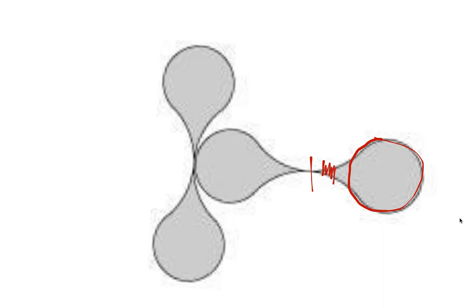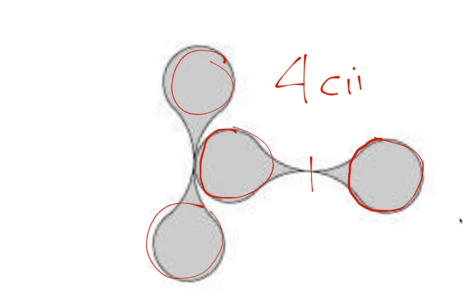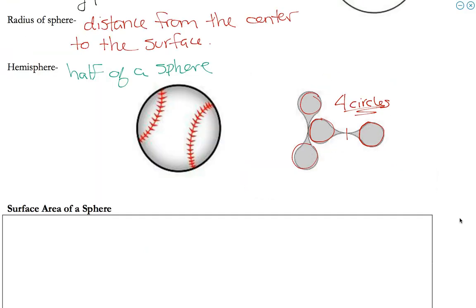So all of this went away and formed that circle. Same thing here, same thing here, same thing here. We have 4 circles. And that's as easy as it gets.